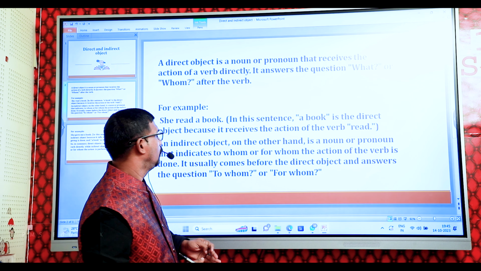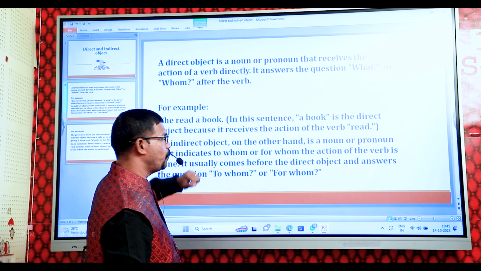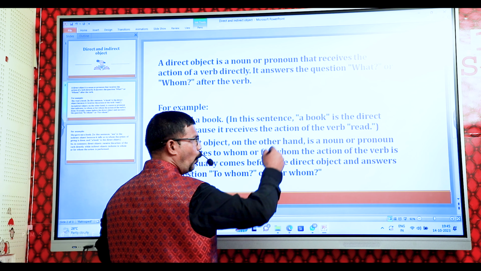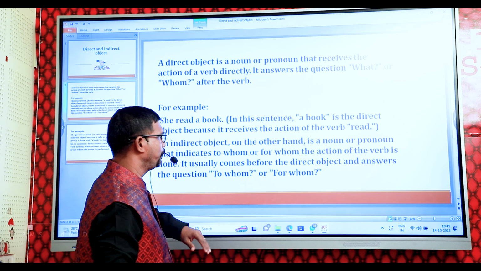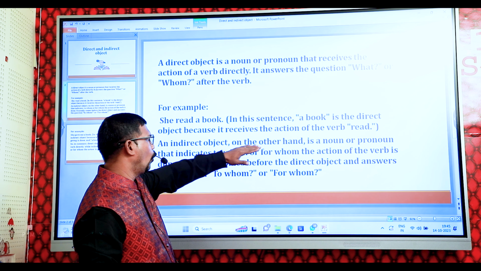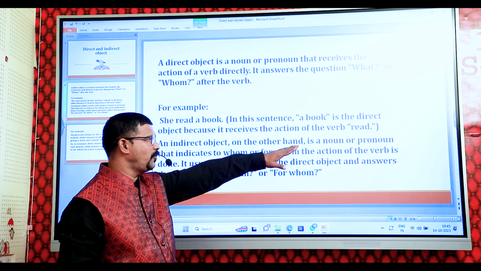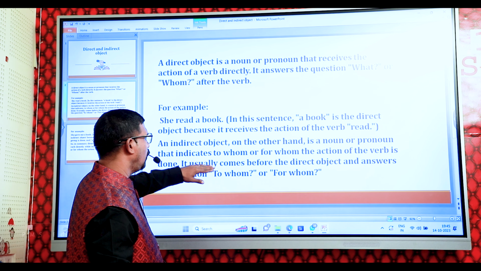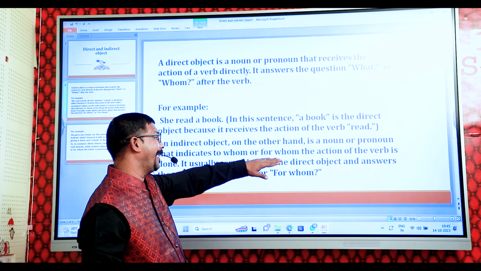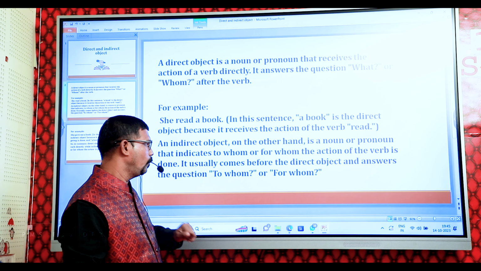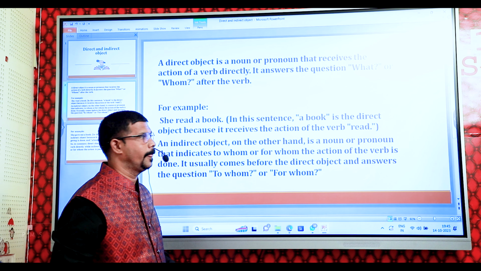An indirect object, on the other hand, is a noun or pronoun that indicates to whom or for whom the action of the verb is done. It usually comes before the direct object and answers the question to whom or for whom.